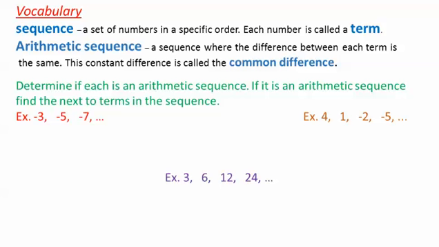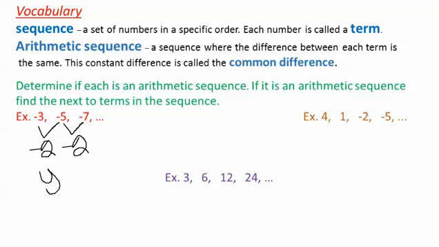If I'm finding the difference between -3 and -5, that's going to be -2. And the difference between -5 and -7 is also -2. The reason it's negative is because our numbers are going down each time. Our sequence isn't increasing. So is this an arithmetic sequence?